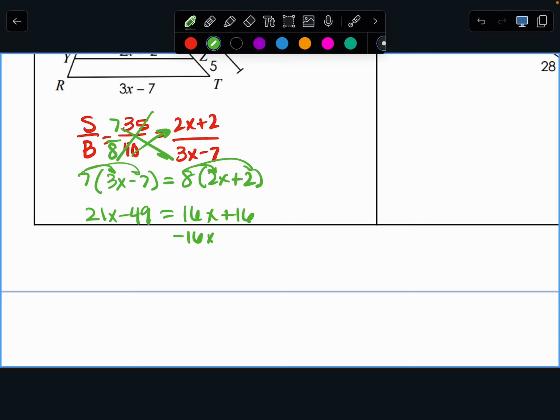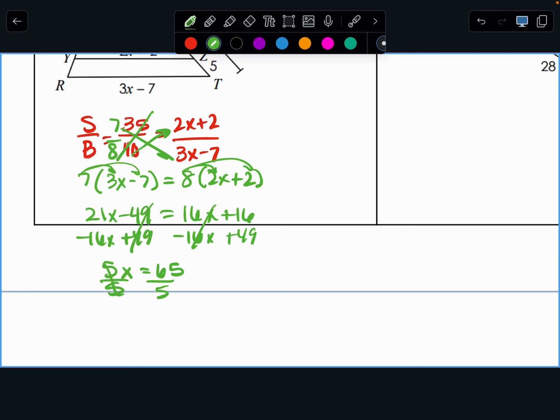So subtract 16x from both sides, add 49 to both sides. I get 5x equals 65.